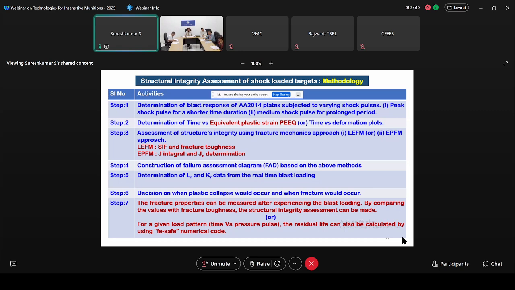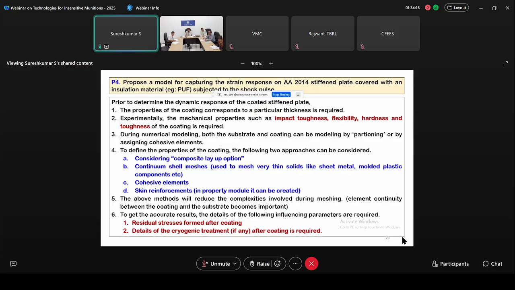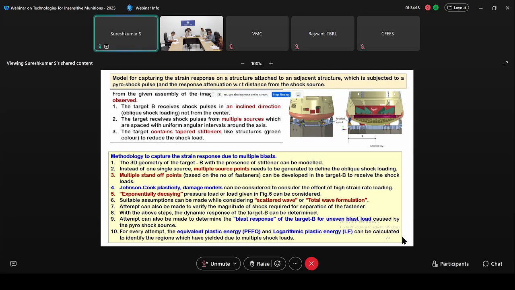And this is a methodology which we can formulate to understand the shock behavior of the material. The methodology starts with material modeling as the first step, explosive modeling as the second, and then the loading conditions, that is, creating contact interactions between the shock wave and the target.